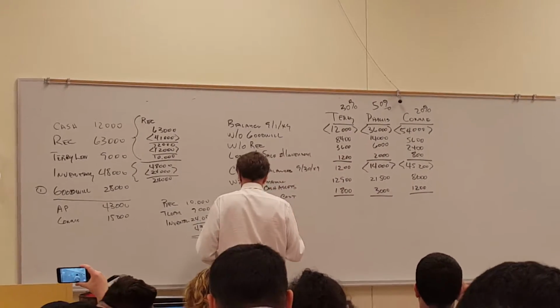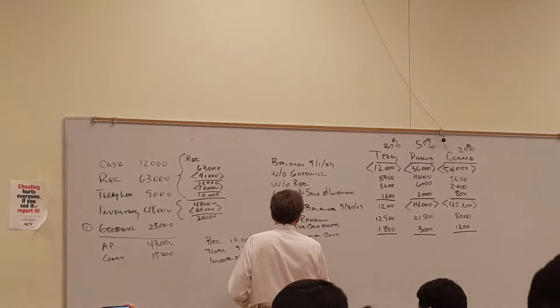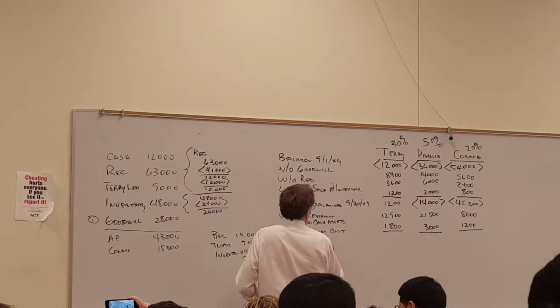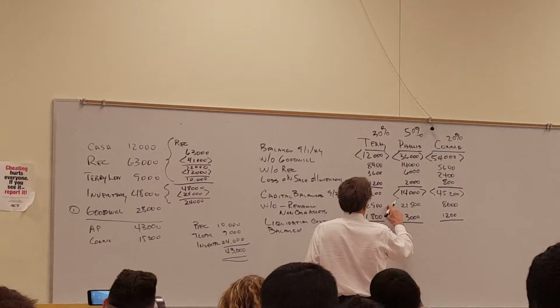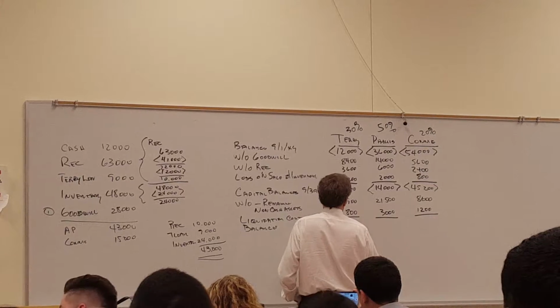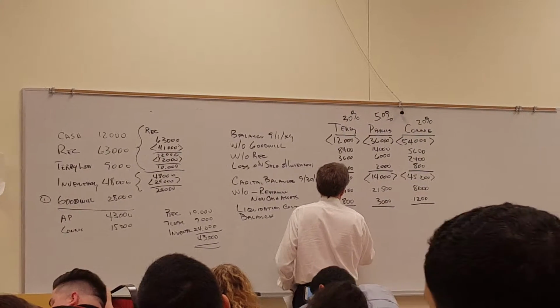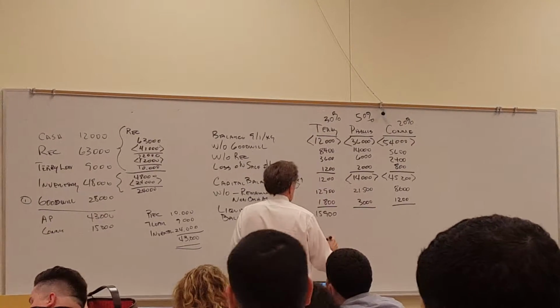So we come down and we have a balance. Terry starts with a deficit. He increases it by 1,800, goes to 3,000, and then 12,900 gives him a deficit of $15,900.